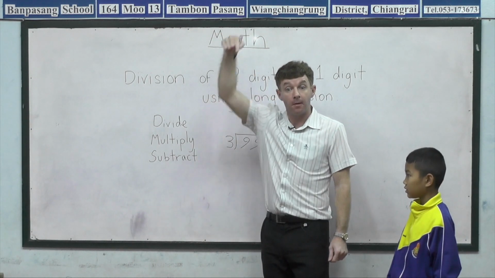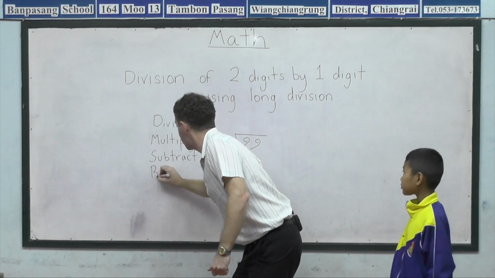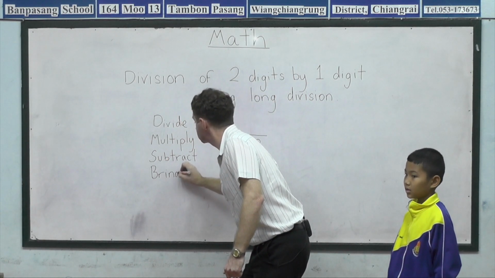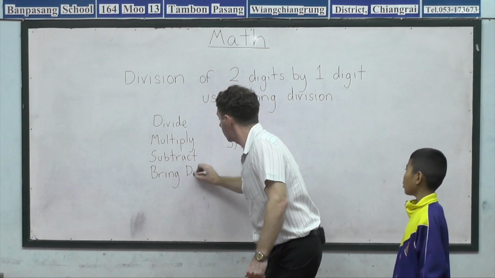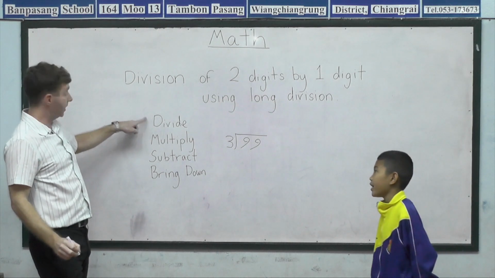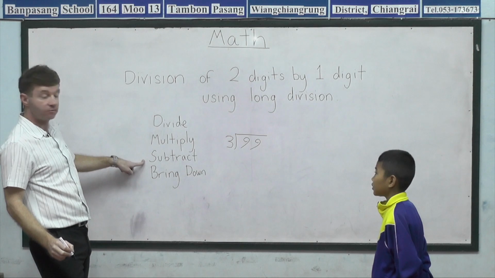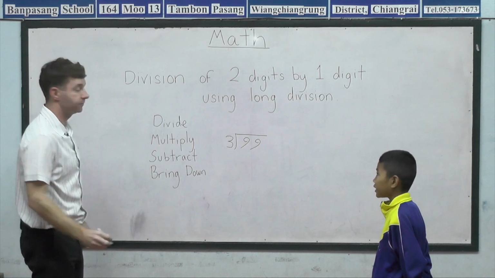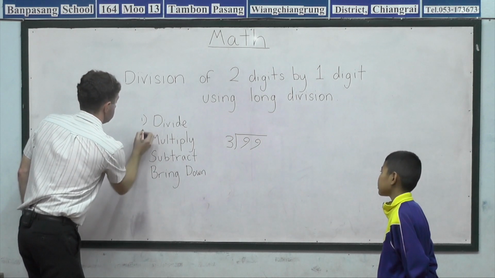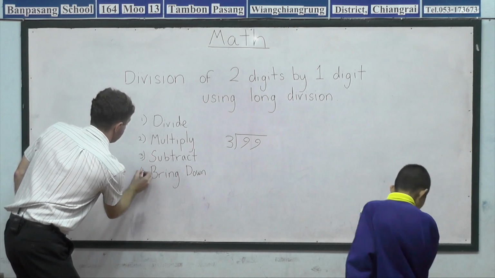Brother, bring down. Excellent. Divide, multiply, subtract, bring down. Step 1, 2, 3, 4.